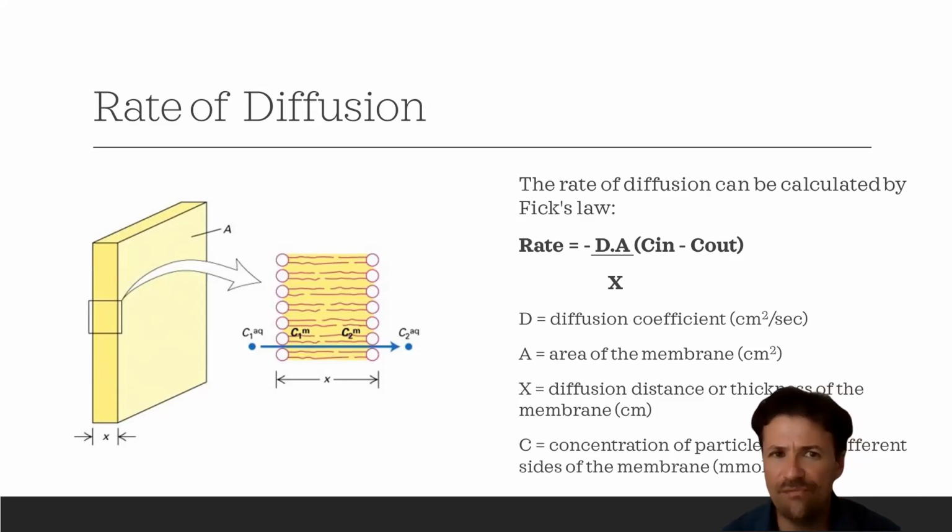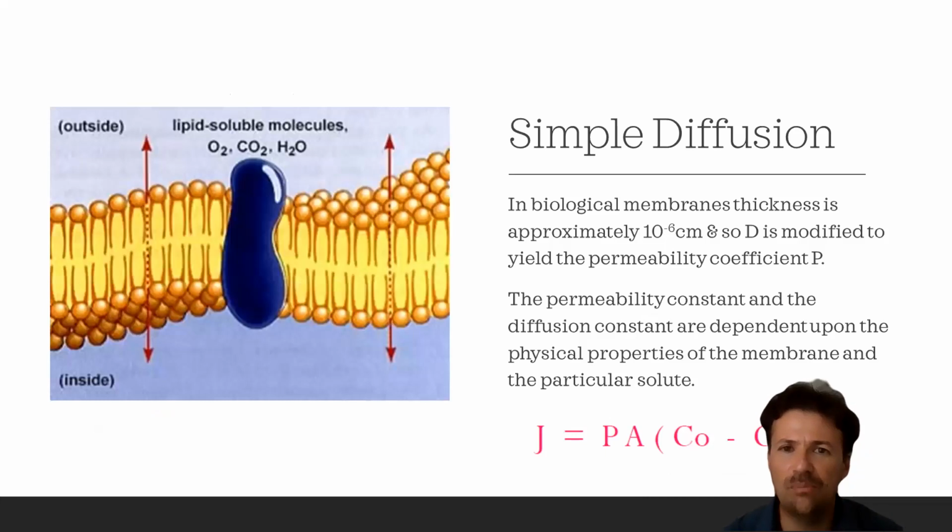Now, we can simplify this equation for biological membranes because biological membranes all have approximately the same thickness. And in biology, in the human body, most of the body is at the same temperature. So we can simplify that equation by bundling the thickness of the membrane, the temperature, and the diffusion coefficient into something which we call the permeability coefficient or the permeability constant.